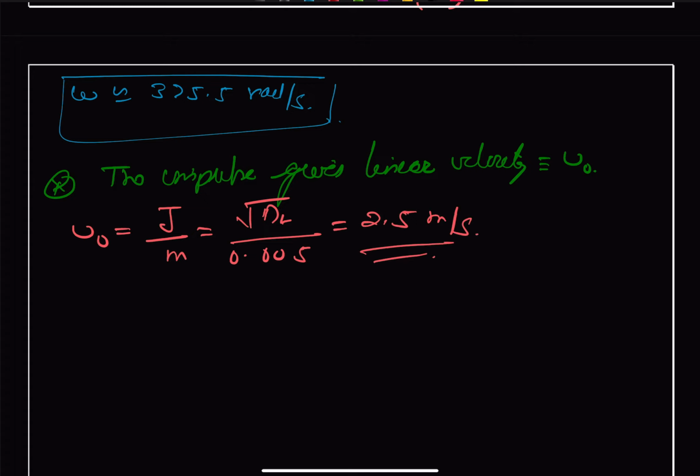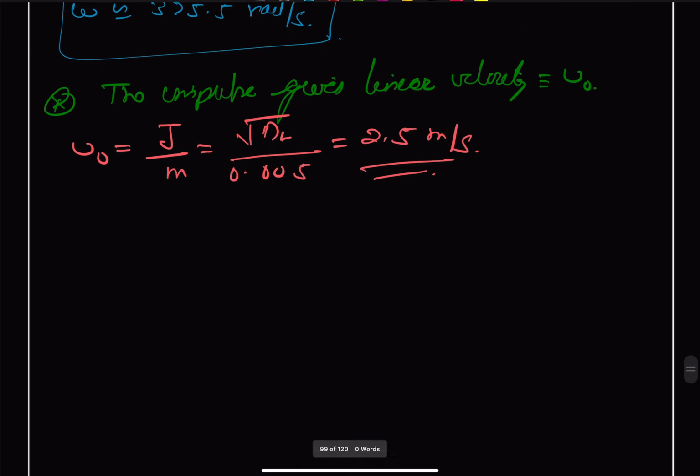And let us suppose this is the initial position of the coin, and this is the final position of the coin. And this total time it takes is, let us suppose, t. It starts from rest and moves with the velocity 2.5, that is our v naught.